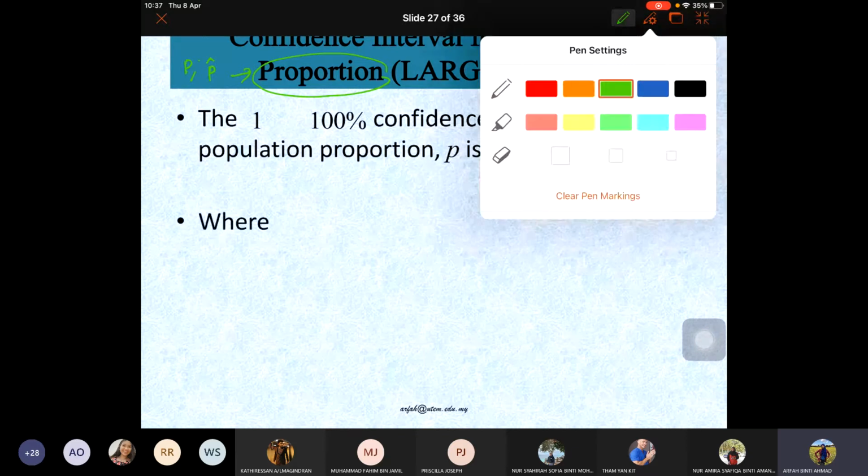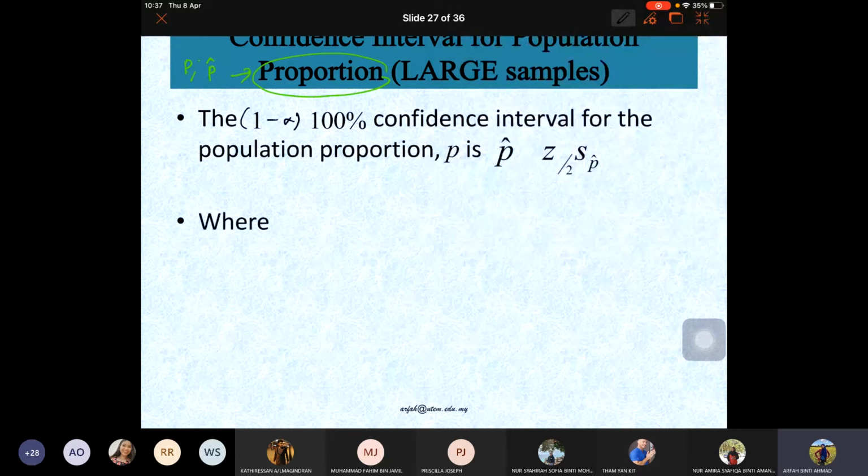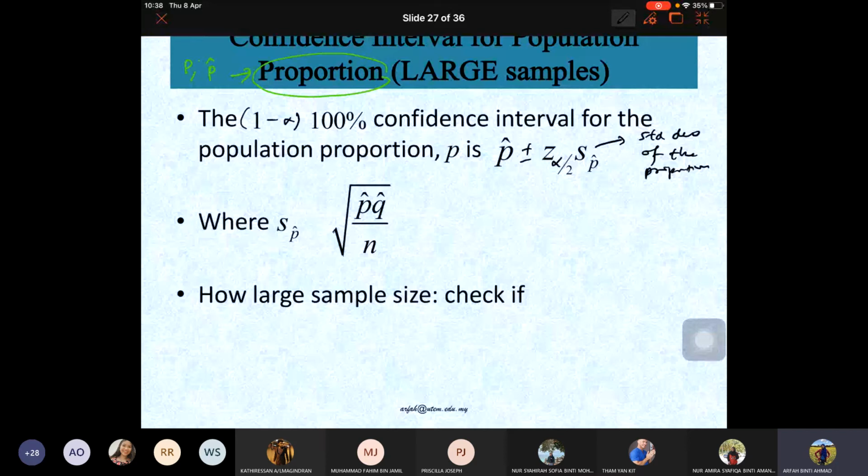The 1 minus alpha 100% confidence interval for the population proportion P is given by P hat plus minus Z alpha over 2 multiply with standard deviation of the sample proportion. Where the standard deviation of the sample proportion equal to the square root of the sample proportion multiply with the complement, that is 1 minus P hat equal to Q hat, divided by n.